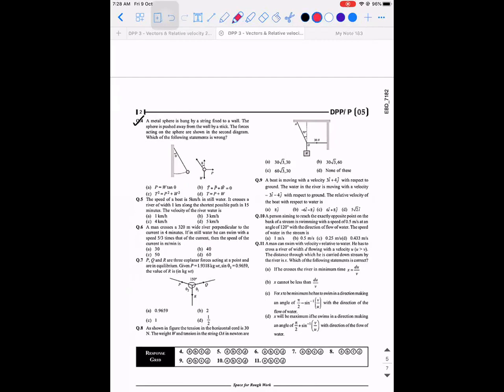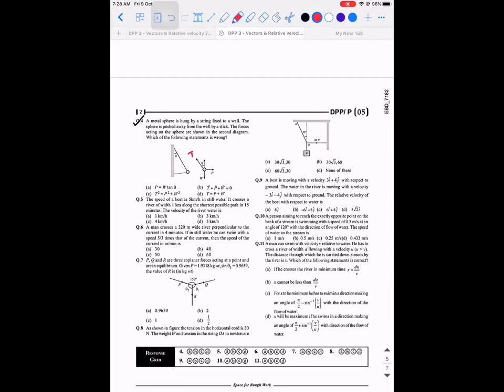Now I'll keep a red color dot. Tell me what force is that? What force is in this direction? The force which is neither along the x direction nor the y direction is the tension force. So it has to be resolved into components.